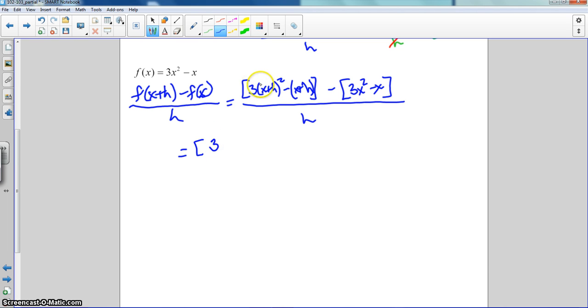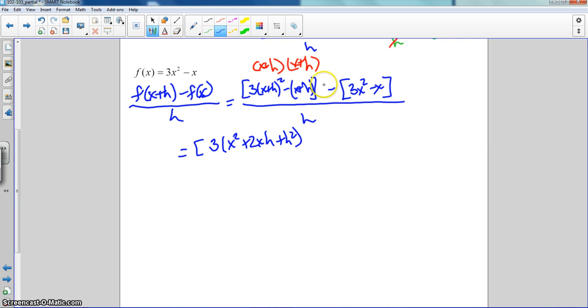So I have 3. Now remember, what this quantity means is that I have x plus h times x plus h. And so then if I do that foiling or distributing, I get x squared plus 2xh plus h squared.